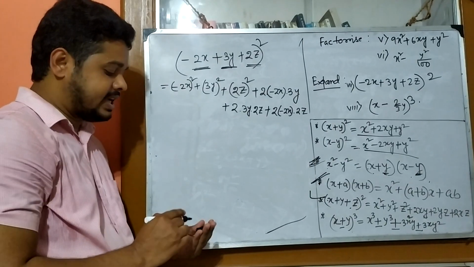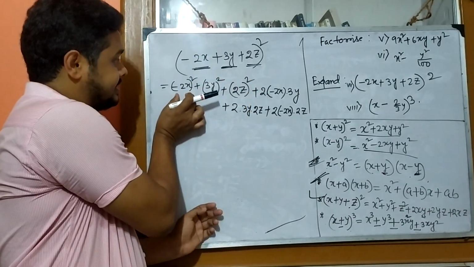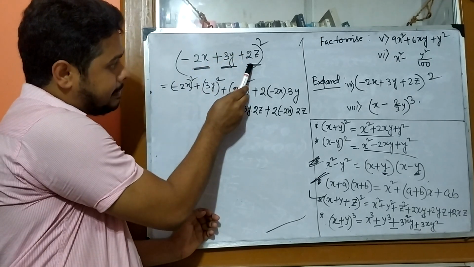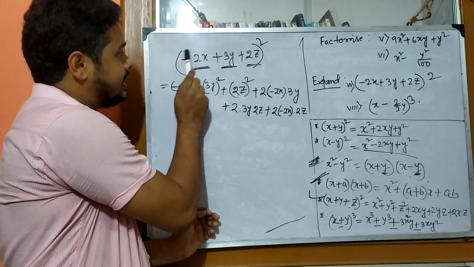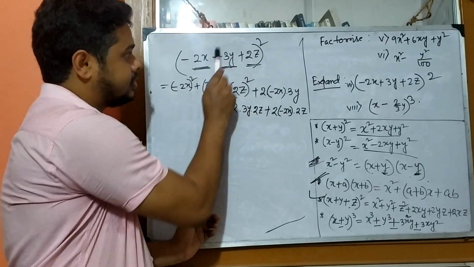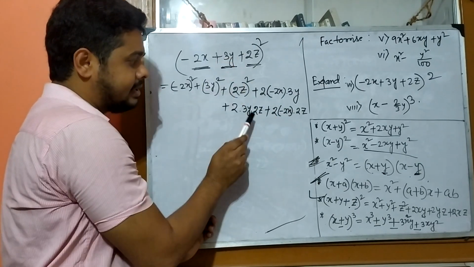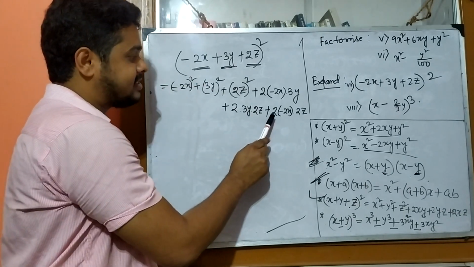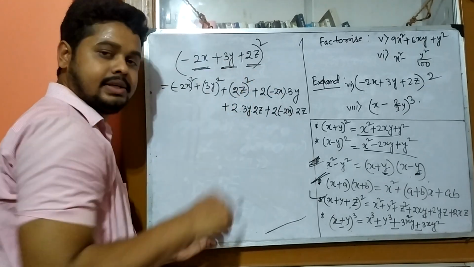Clear? Once again I repeat. That is our x, that is our y, that is our z. x square plus y square plus z square plus 2xy plus 2yz plus 2xz. Clear?